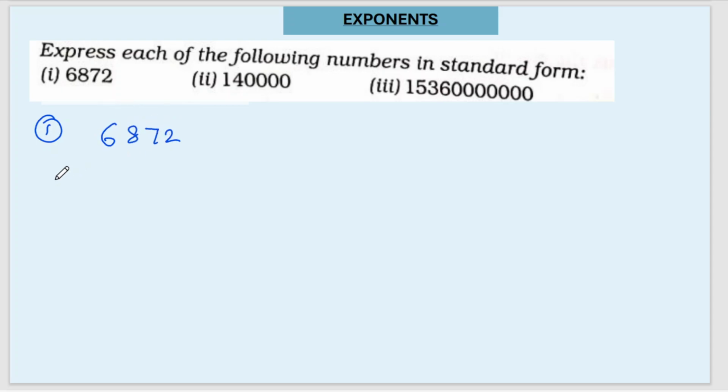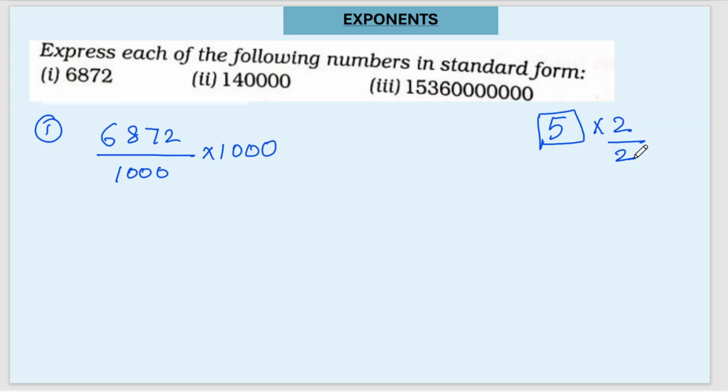6872. If I divide it by 1000, at the same time I have to multiply it by 1000. We have learned in our class that if you take a number, suppose 5, and multiply by 2 and divide at the same time by 2, the answer will remain the same. The question is unchanged here; there is no impact on the question.